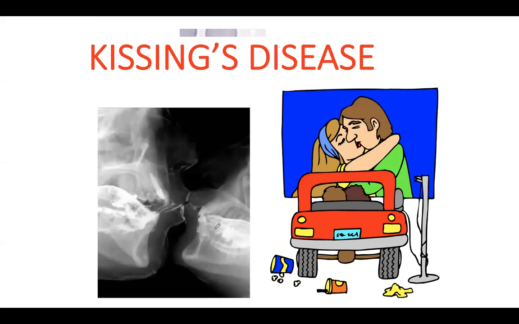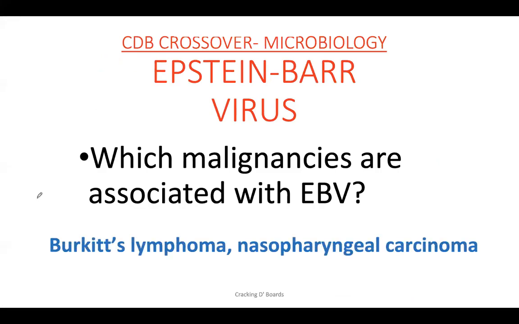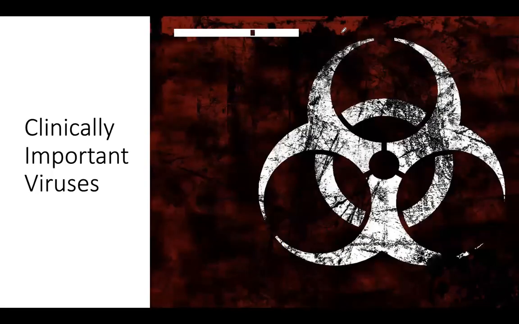So here, don't forget the kissing disease, intimate deep kissing. Which malignancies are associated with Epstein-Barr? I believe we mentioned them earlier, with special emphasis on Burkitt's lymphoma and nasopharyngeal CA. So that ends your mini module on Epstein-Barr virus.